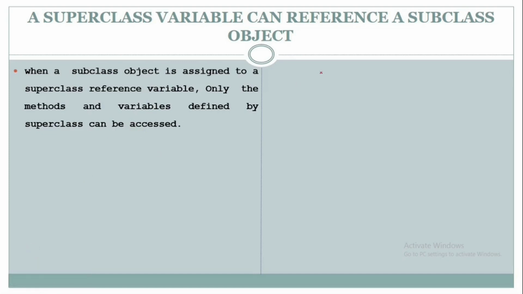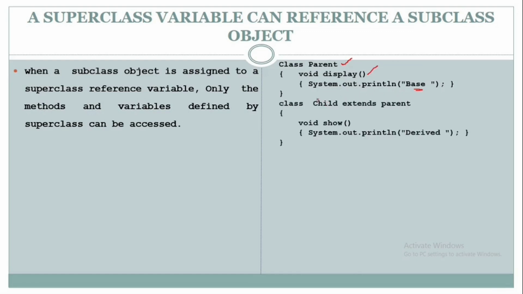First I'll be creating a class called parent, which has a display method that prints base. I'll be creating one more class called child that extends parent, which means child inherits all the properties of the parent. The child inherits all the methods defined in the parent class. And child has a method called show that prints derived.